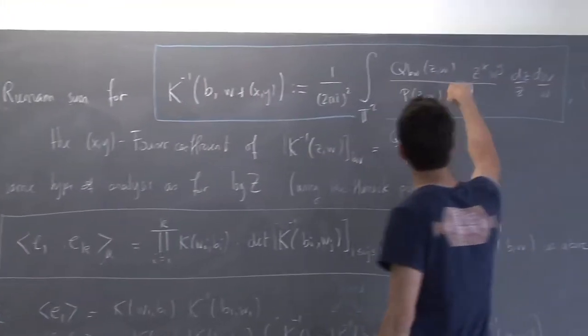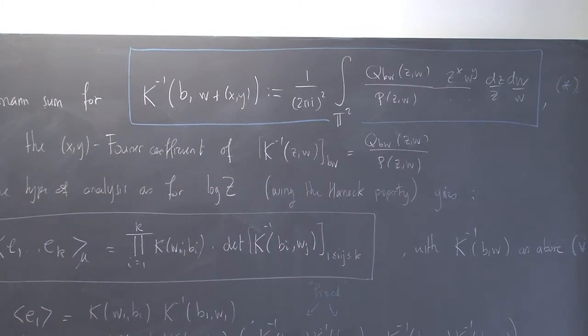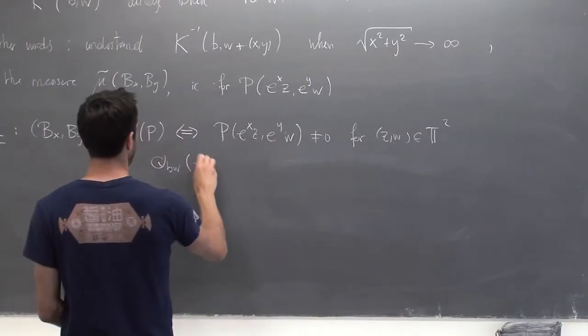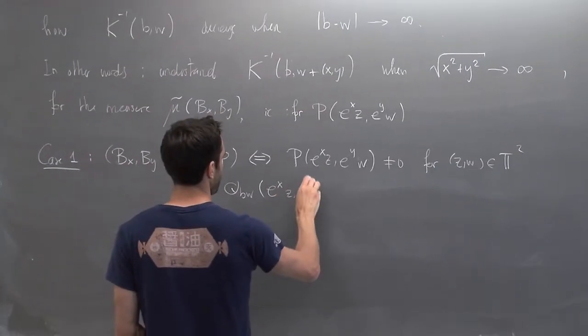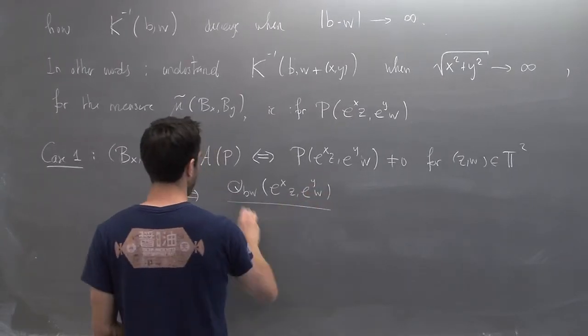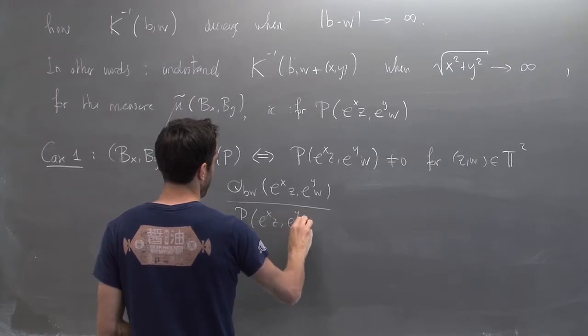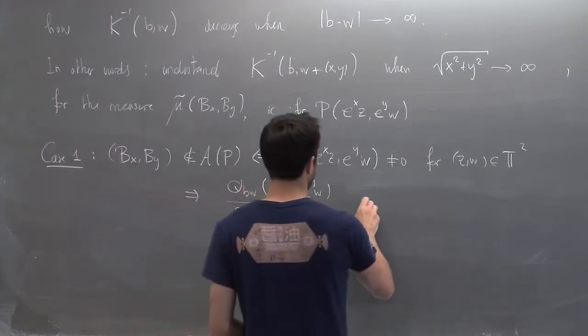It means that Q(BW), so I have to evaluate everything in E^X Z, E^Y W, over P(E^X Z, E^Y W), this is analytic.